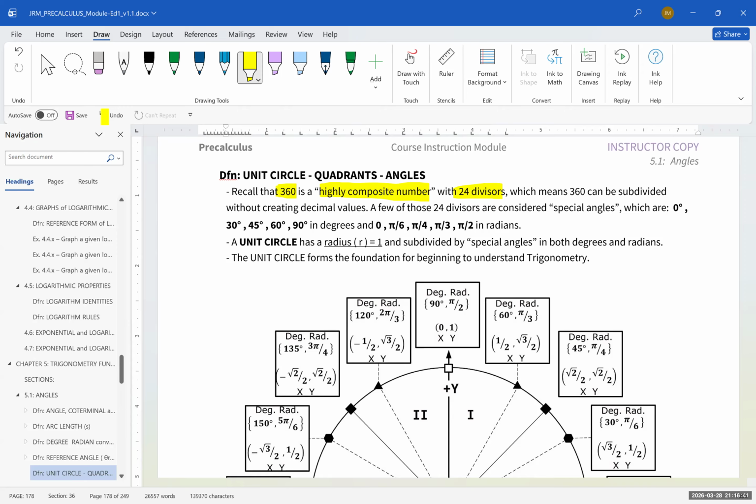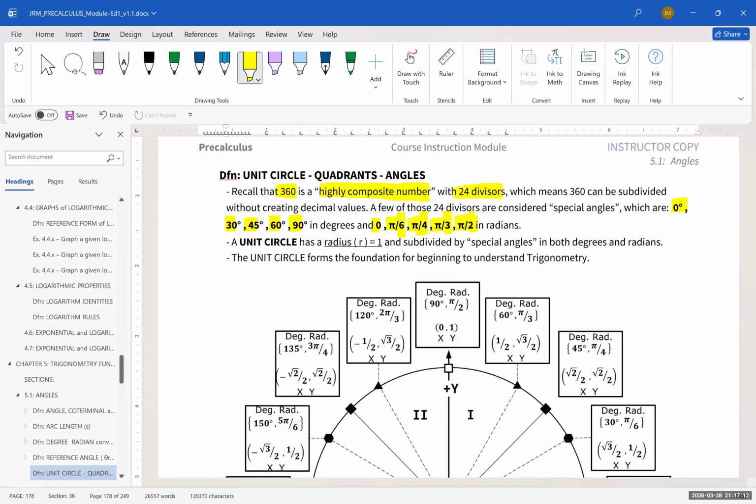A few of these 24 divisors are considered special angles. Some of those special angles in degrees are 0, 30, 45, 60, and 90. And in radians, it's 0, pi over 6, pi over 4, pi over 3, and pi over 2. So 2, 3, 4, and 6 are those special divisors of 360.